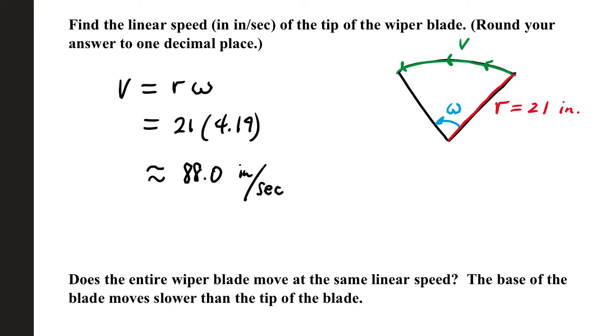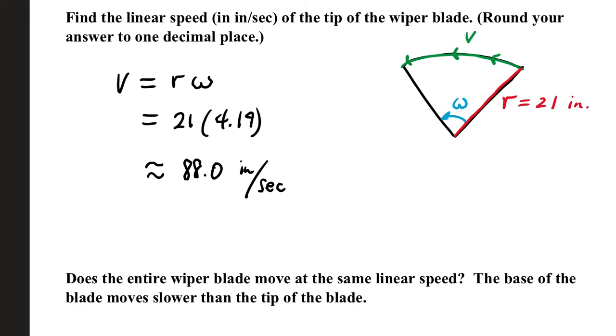Find the linear speed in inches per second of the tip of the wiper blade. Round your answer to 1 decimal place. Remember the mechanism is 21 inches long total. We want to know how fast a place on the tip of the blade is moving when it swipes. Recall that linear velocity is equal to radius times angular velocity.